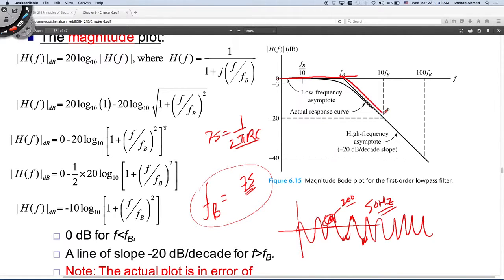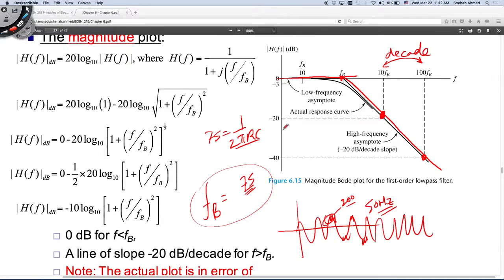I know that until FB, the low-pass filter will allow the signal to pass through. Beyond FB, it will attenuate. The attenuation for a low-pass filter will be between this point and this point. I have a multiplication of 10. What did we call this, when the frequency is multiplied by 10? A decade, right?